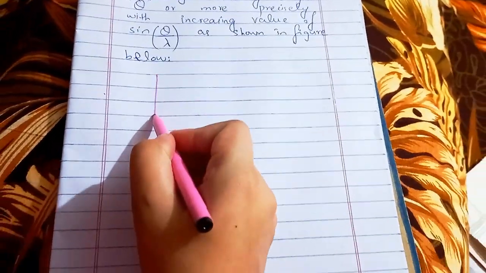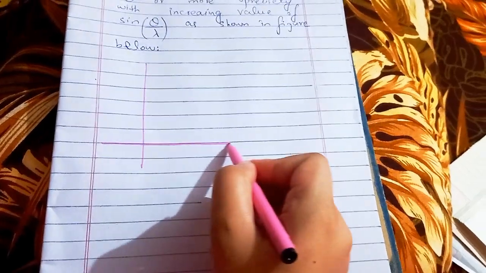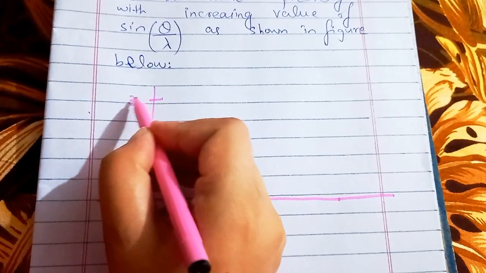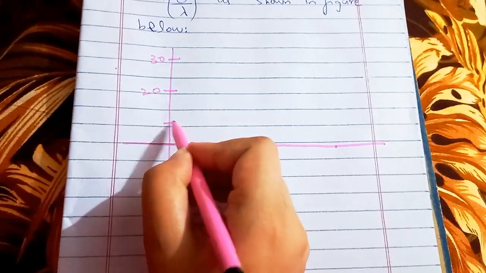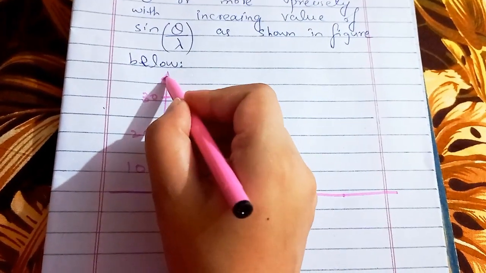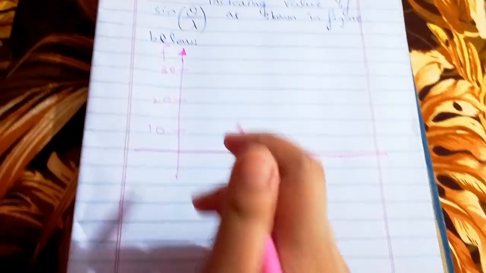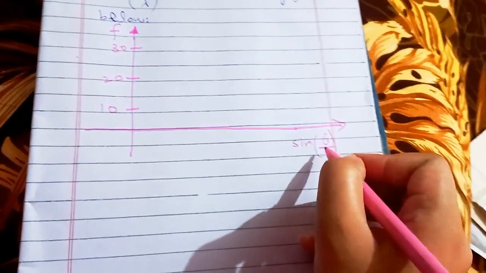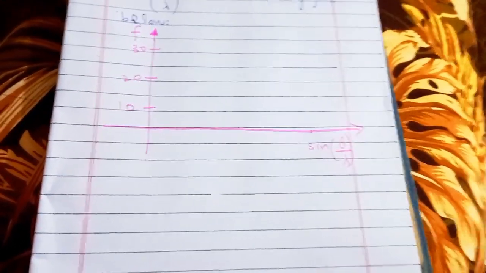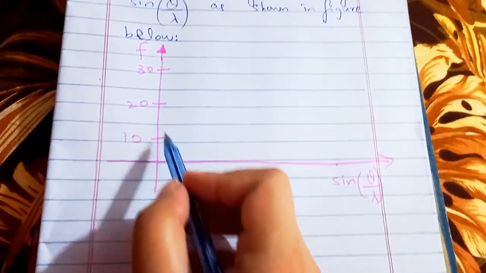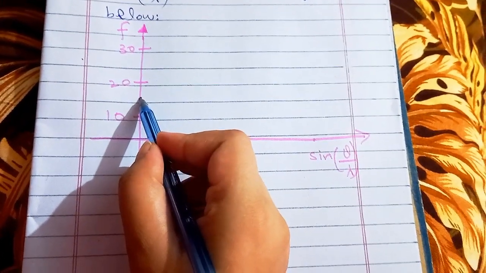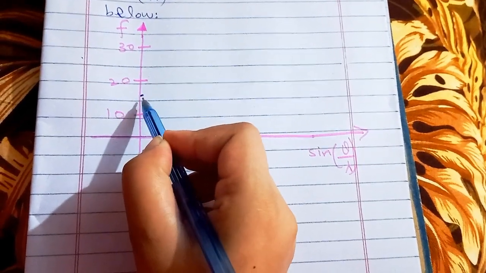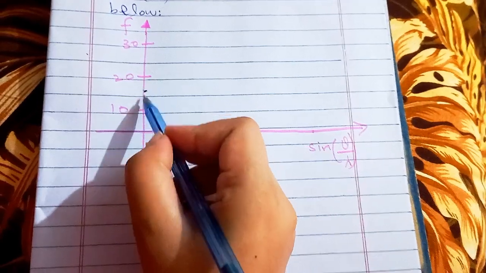Here we are seeing the relation of the atomic scattering factor with the scattering angle, and let's say it's 30, 20, 10, and we have f on this axis, and here we have sine theta by lambda. For aluminium, the atomic form factor starts somewhere above 15 but below 20.